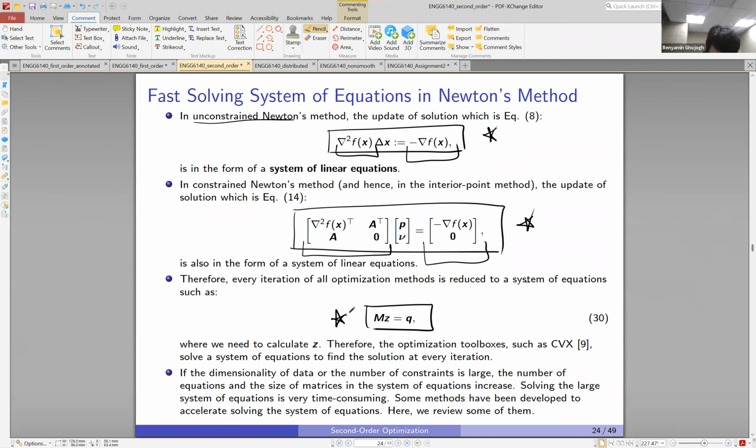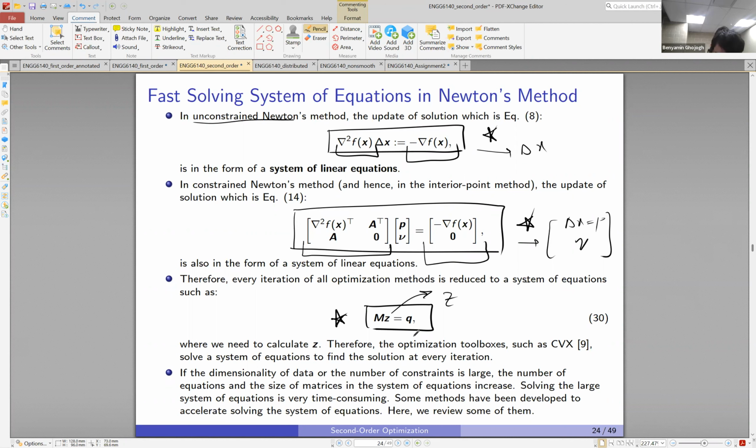So we always have something like this, and what we want to find is Z. Here we want to find delta x, or p and nu. So we want to find Z from this linear equation. M is a matrix, Z is a vector, and Q is a vector. Now let's see how to solve this system of equations, MZ equals Q, and find Z fast.